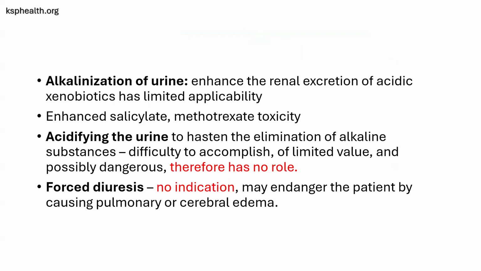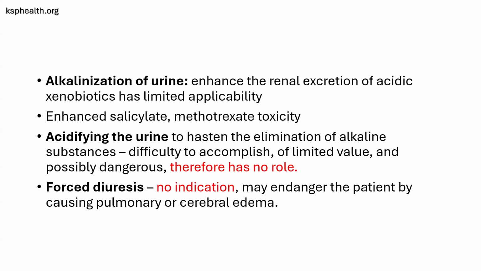The flip side is acidifying the urine to hasten the elimination of alkaline substances. Even though theoretically it does eliminate alkaline substances, it's difficult to accomplish, of limited value, and possibly dangerous. So the acidification of urine is no longer done routinely in clinical practice.